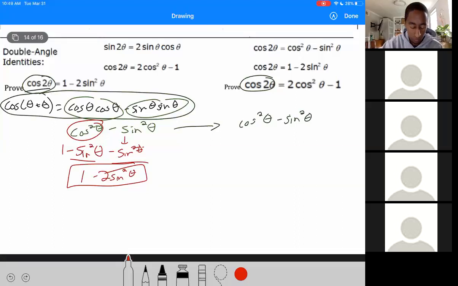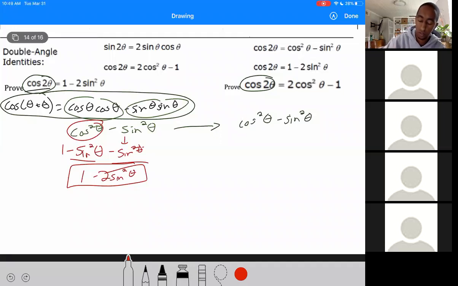Ideas? So to prove that 2 cosine squared of theta minus 1 is equal to this, what would we do instead of what we did on the first one? Just a slight change there.